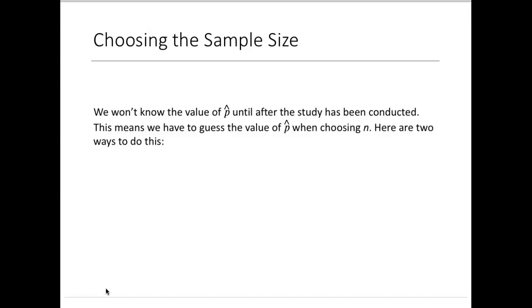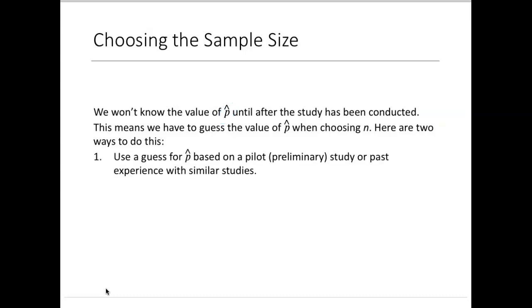Let's say we have some hypothesis. Let's go out there and gather a little bit of data first and do a sort of pretend version of the study. So if there was a pilot study, then you can use the value you got from the pilot study for p hat, right? So if you have some information about p hat, you can use that.